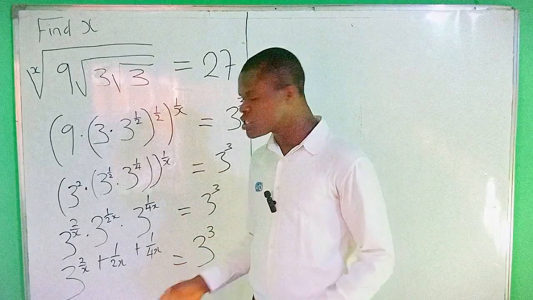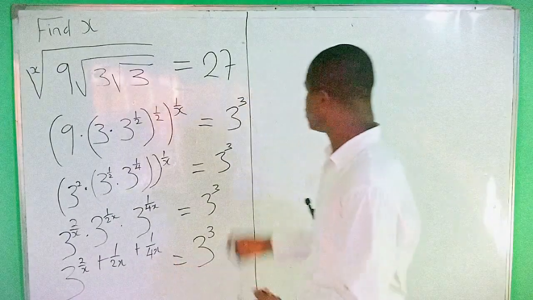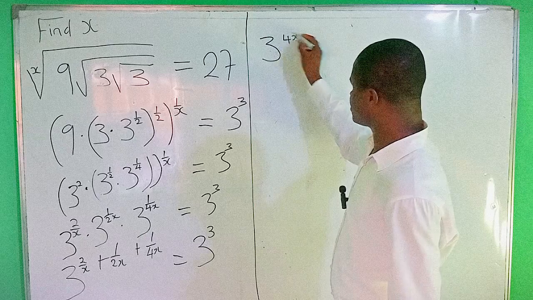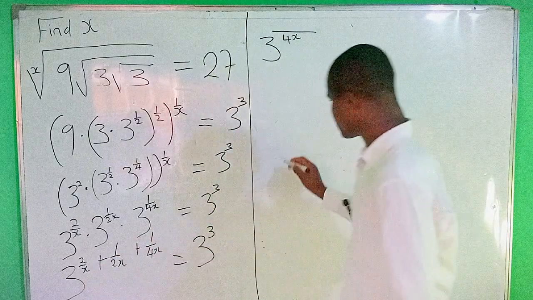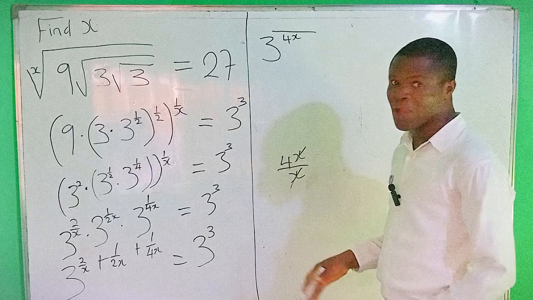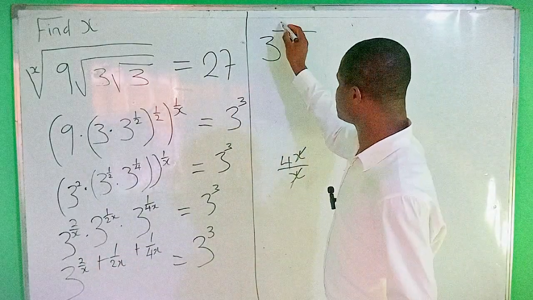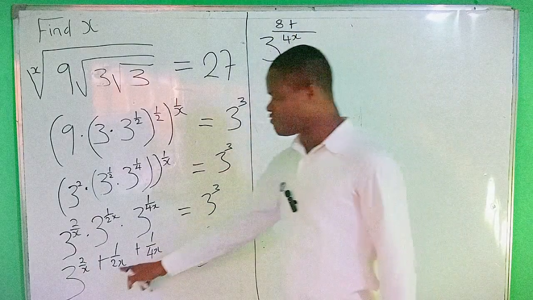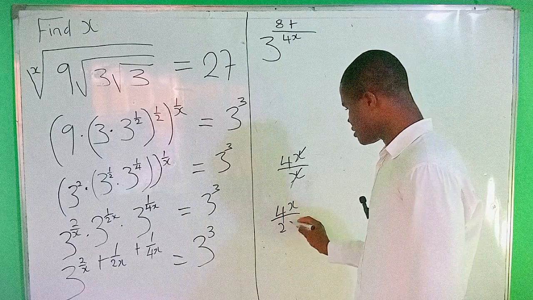The lowest common multiple for all the denominators here is going to be 4x. So I'm going to write this as 3 raised to power, 4x divided by x. X will cancel out, so we are left with 4. So 4 times 2, 8. So this is 8 plus 4x divided by 2x.